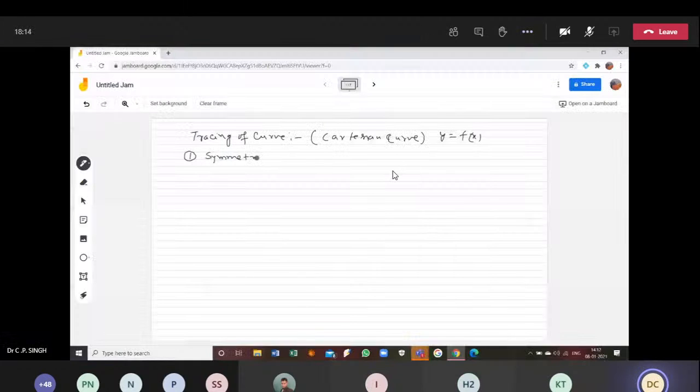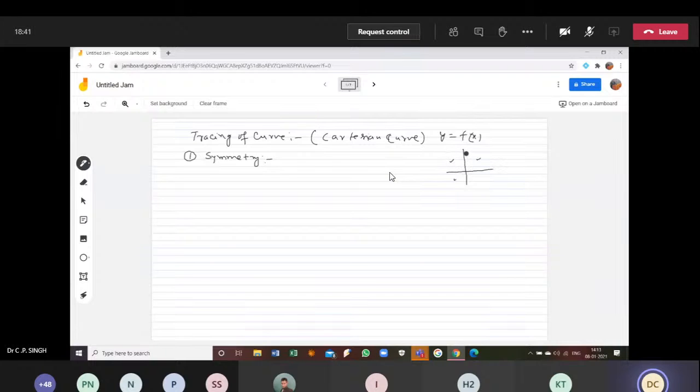Symmetry of the curve. There are several rules for how you can check the symmetry. If you draw the curve in one coordinate system, and it is symmetrical about the y-axis, then a similar curve you can trace in the other coordinate system.